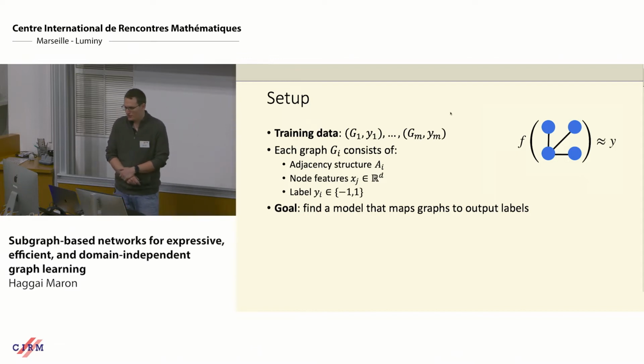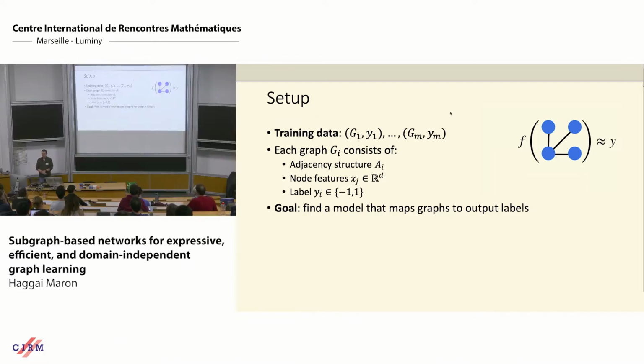And our goal is to find a model F that can take this graph as input and output the correct label. And of course, we would like it to be able to generalize to unseen graphs. I think the fundamental question in this field is, what is a good GNN? How to model the GNN in a good way? And this is what we're going to talk about today.